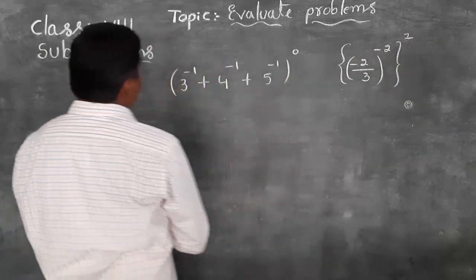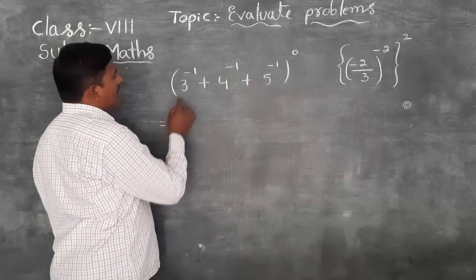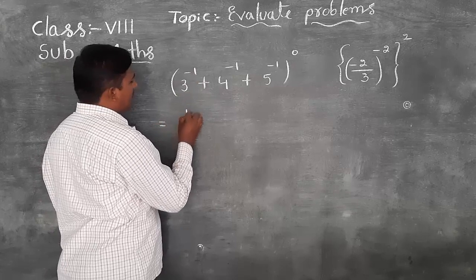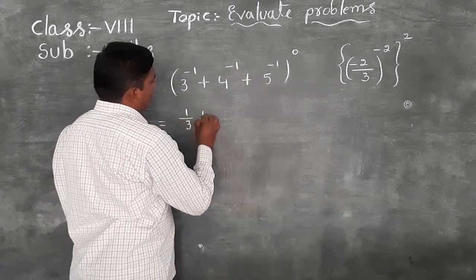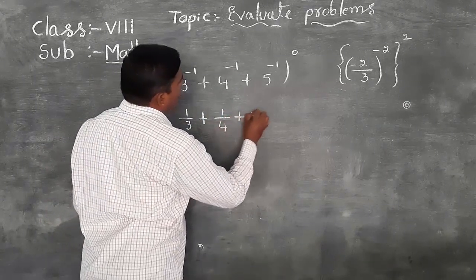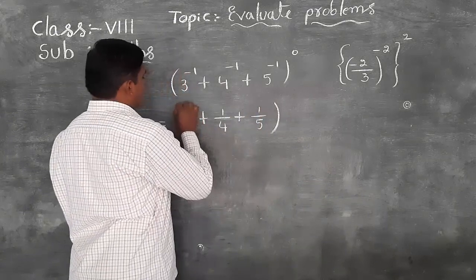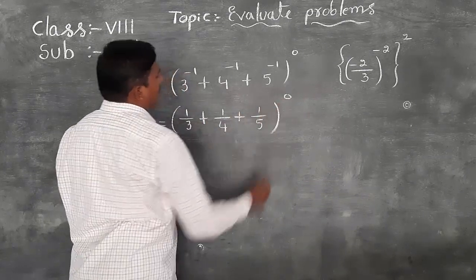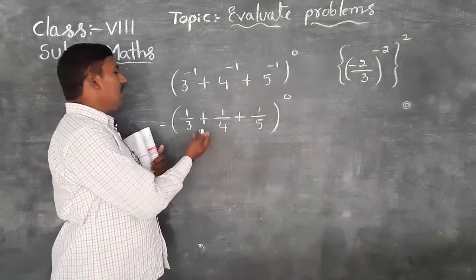Now see here, A inverse is equal to 1 by 3. So (1 by 3 plus 1 by 4 plus 1 by 5) whole power 0. See, no need to do the LCM method.